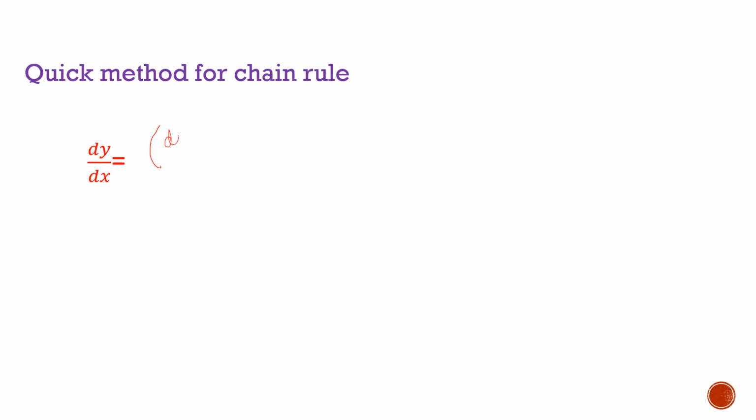So find the derivative of the outside function, keeping the inside unchanged. So the inside one should remain unchanged, times the derivative of the inside function.